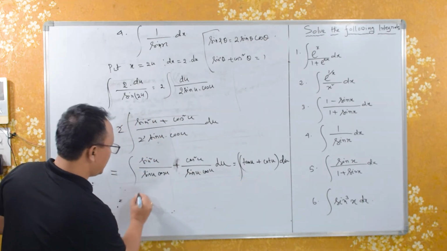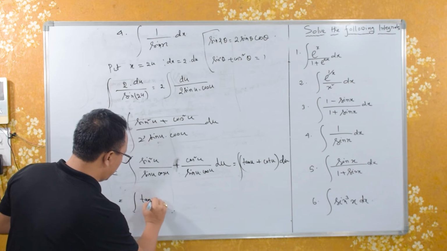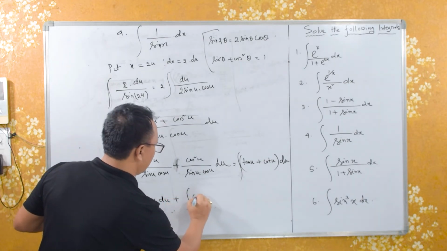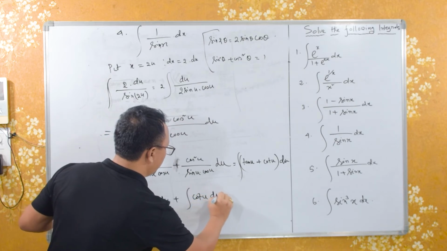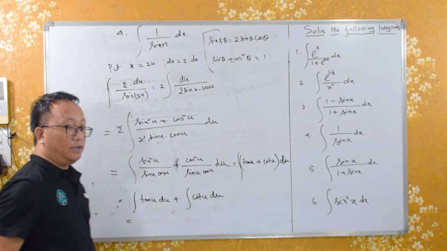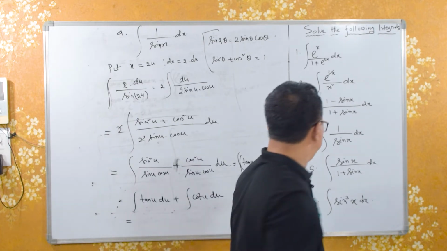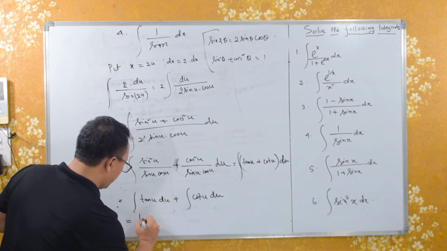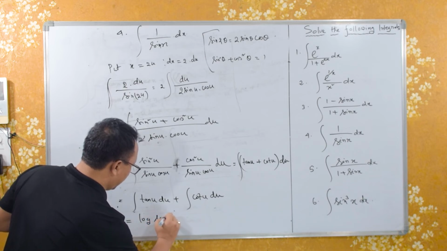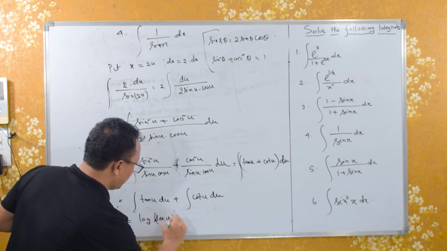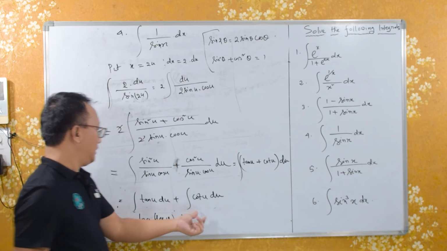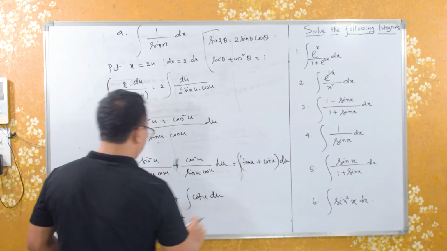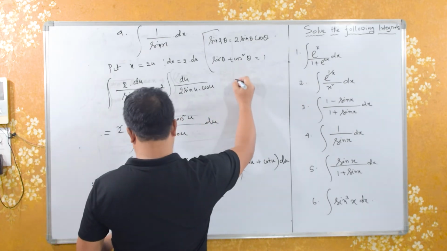Now this is the same as integral of tan u du plus integral of cot u du. Okay, integral of tan u is what? We have log of sec u. Why is this log of sec u?